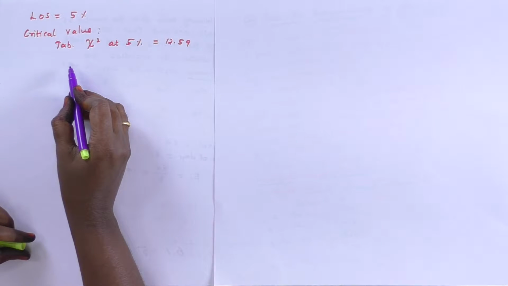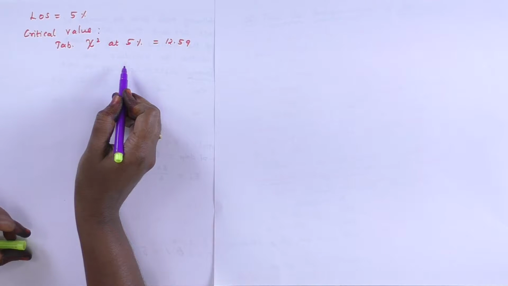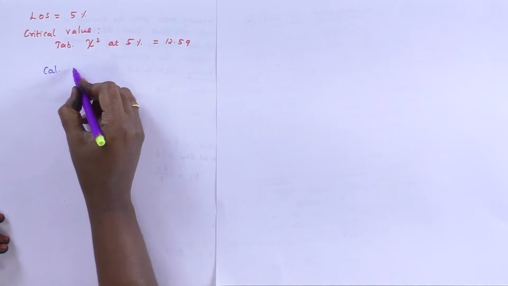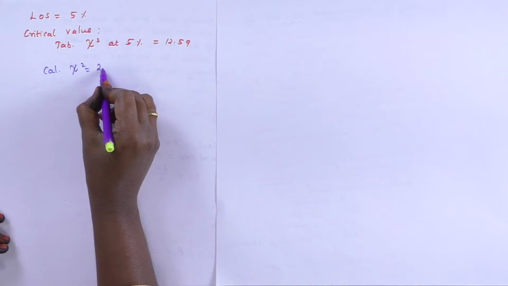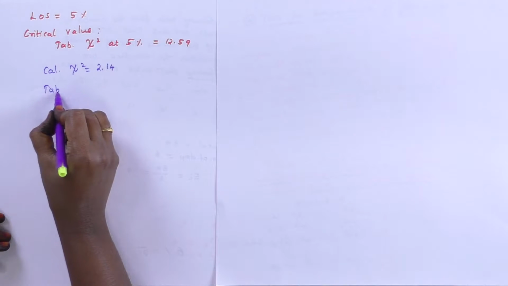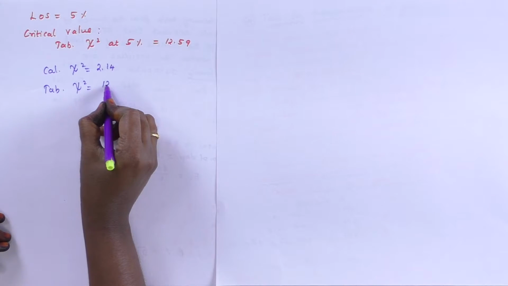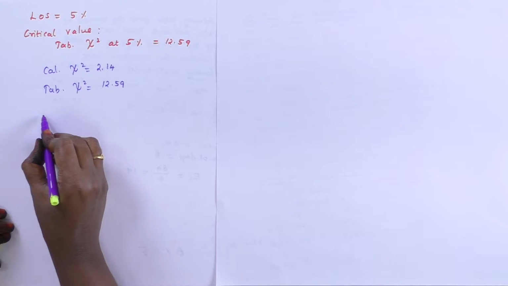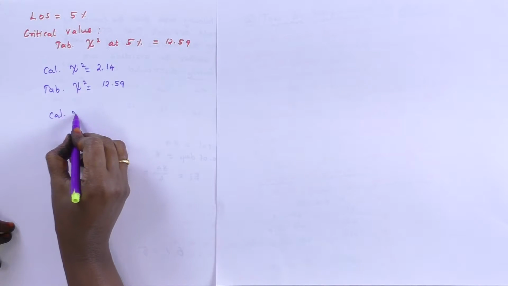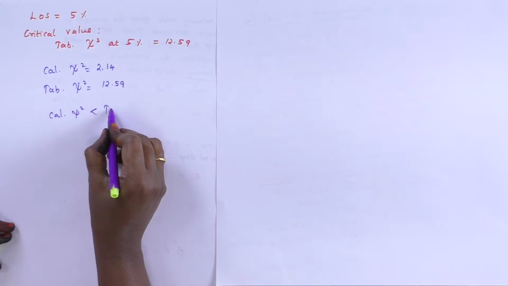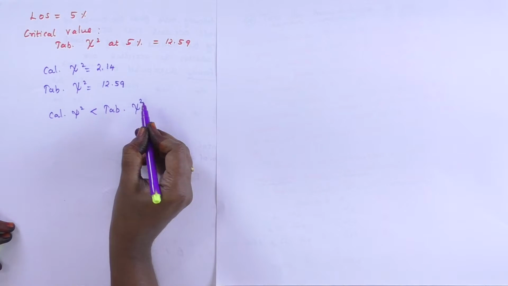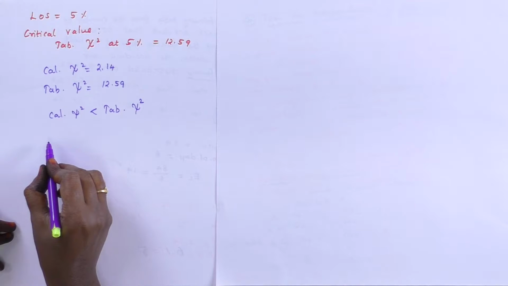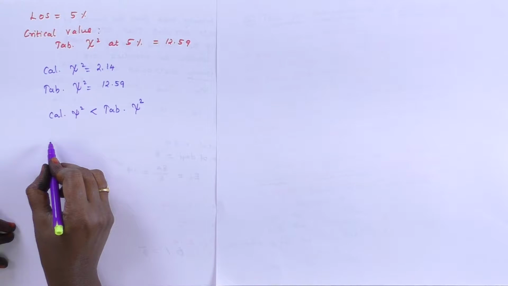Now comparing the tabulated value with the calculated value: our calculated value is 2.14 and the tabulated value is 12.59. The calculated value is less than the tabulated value of chi-square, which means H0 is accepted.